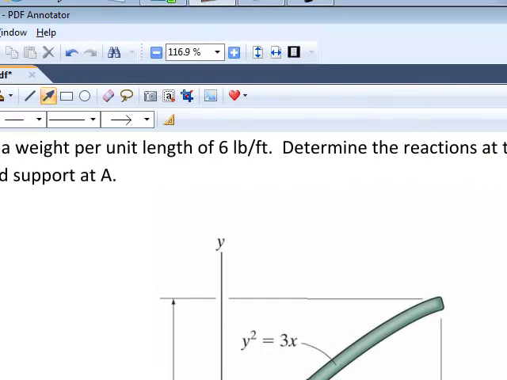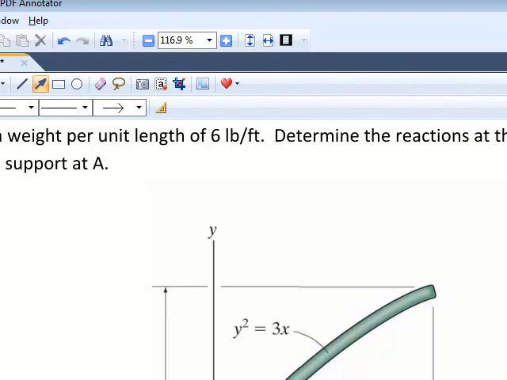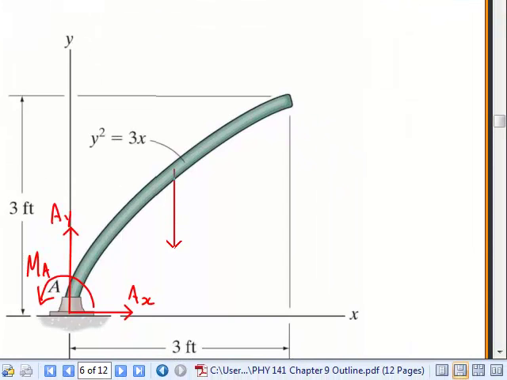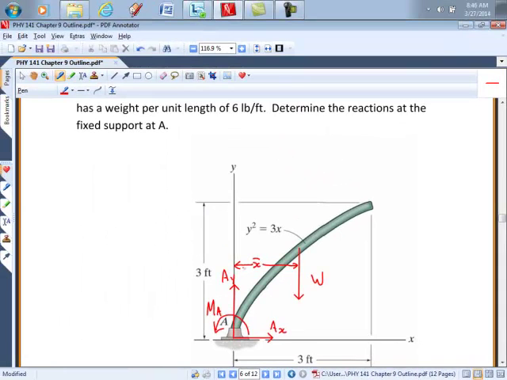I don't know exactly where the center of mass is. I can kind of guess that it's going to be somewhere close to the center here. So that's W, and that's going to be a distance x bar away from the y-axis.